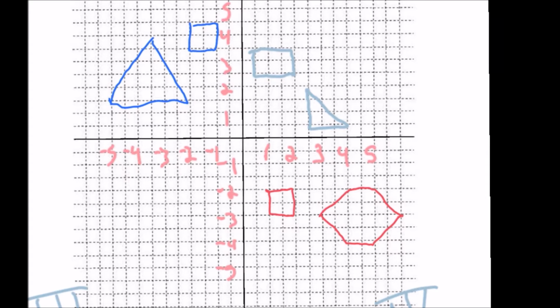So let's do a trapezoid. Oh, there we go, trapezoid. Kind of got a little off there. And I'll go ahead and do a parallelogram here. Alright, so I got all my shapes there.